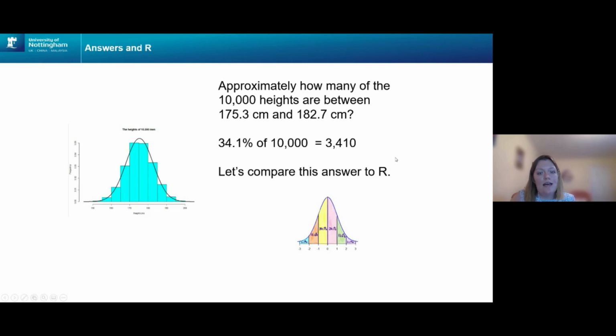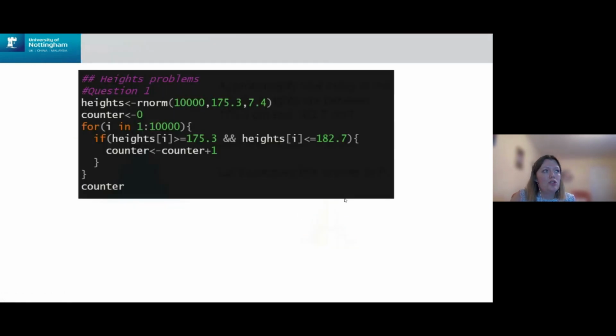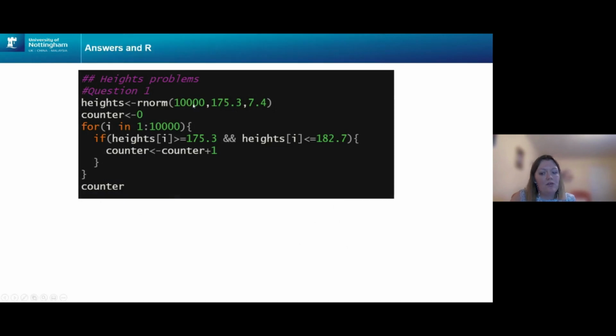We're also going to look at how you could approximate this answer using R, which is a statistical computing language. So what we could do is generate 10,000 random variables from a normal distribution with a mean of 175.3 and a standard deviation of 7.4. We could set the counter to be 0, so that we're saying, first of all, we've got no heights that are between the range that we want.